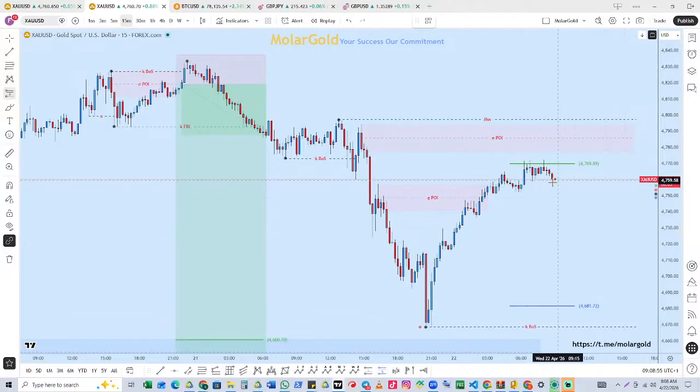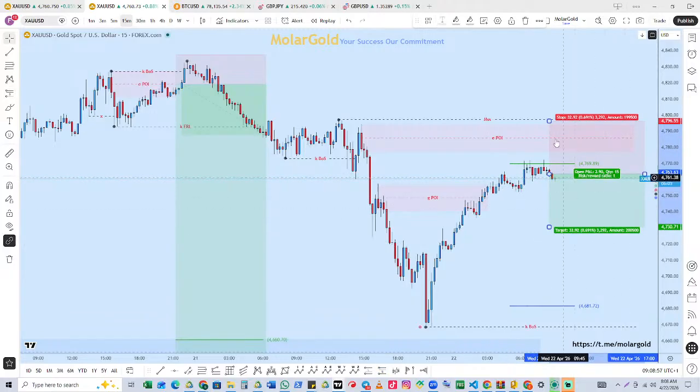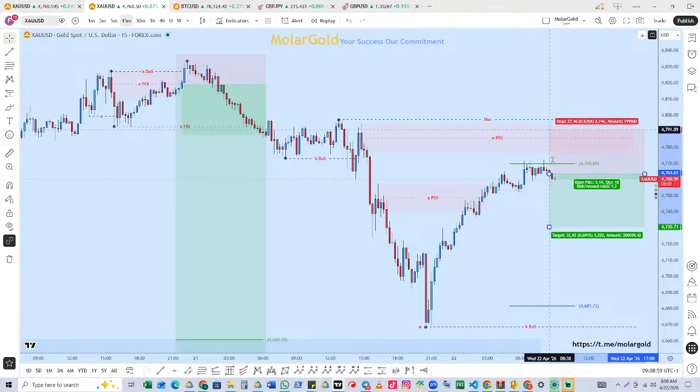Let's say you enter this trade right from here. Your stop loss can be just above here, but if you want to be on the safer side, just put it here. For me, right here, so that it increases my risk to reward.